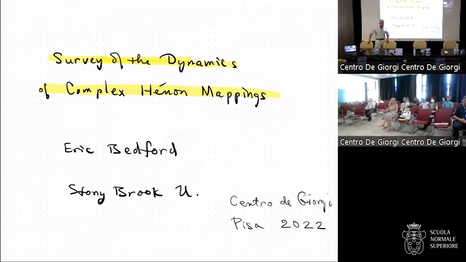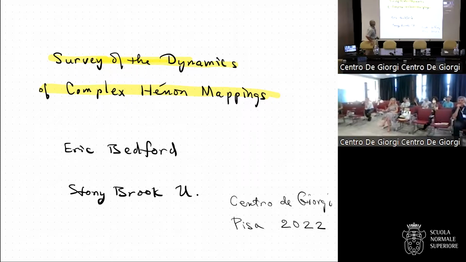My plan for this talk is to talk about complex Henon maps, but the progression I'm going to take, I hope, will be accessible to people who are not specialists in exactly my area, because, like all good conferences, this represents a lot of different areas of mathematics. So I hope to be clear, and if I'm not, let me know and I'll try to explain myself.